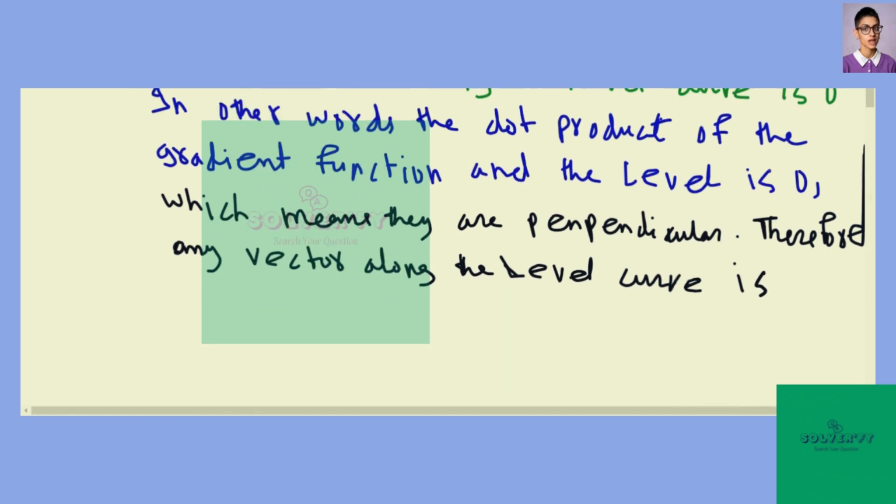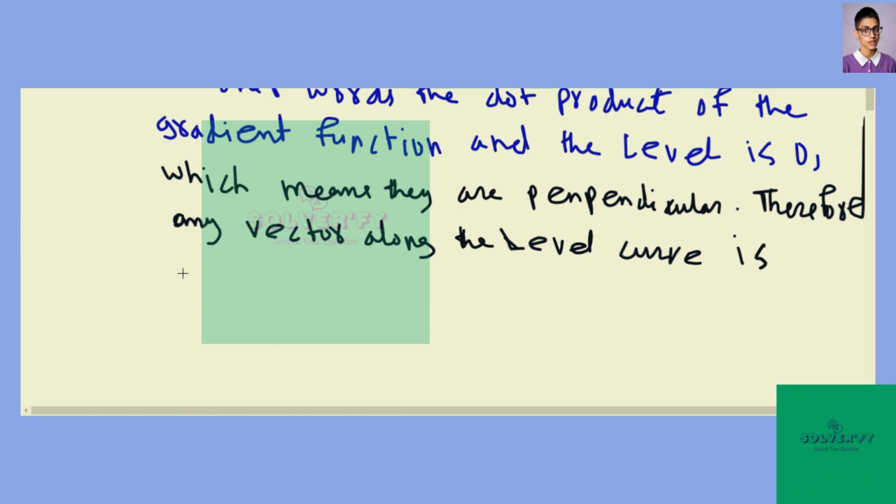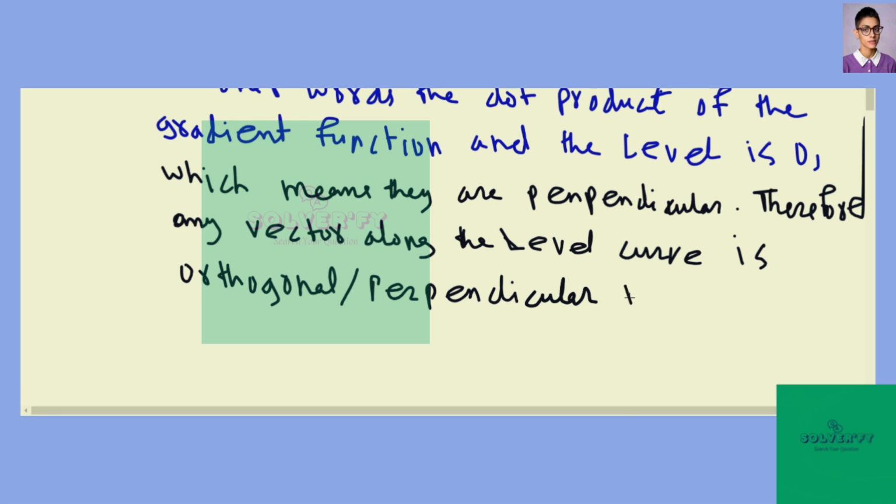The level curve is orthogonal, perpendicular to the gradient vector.